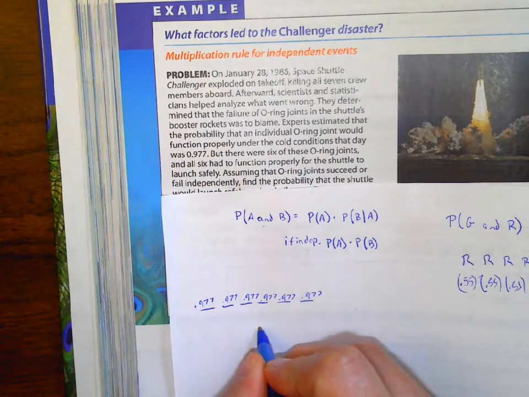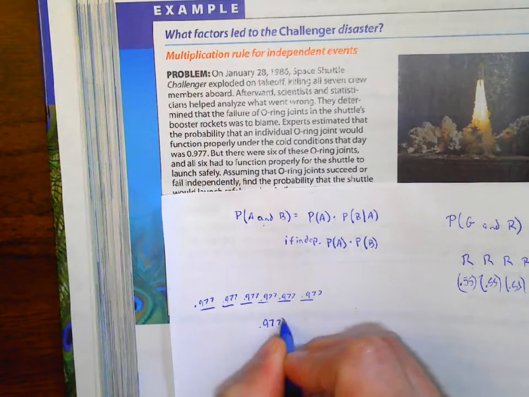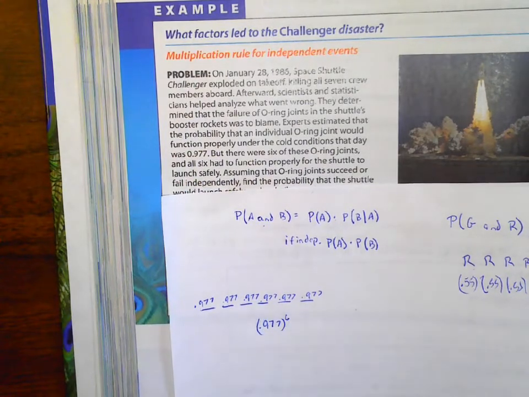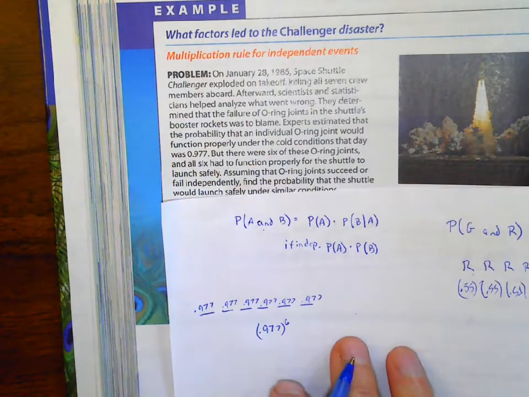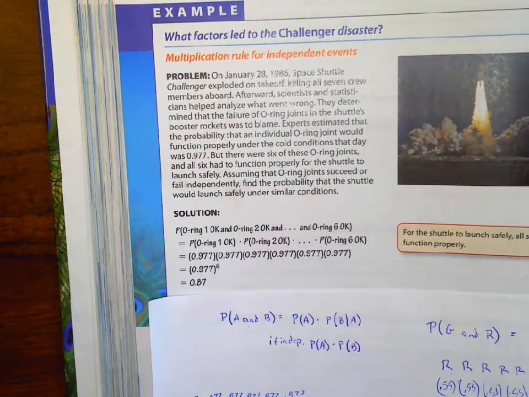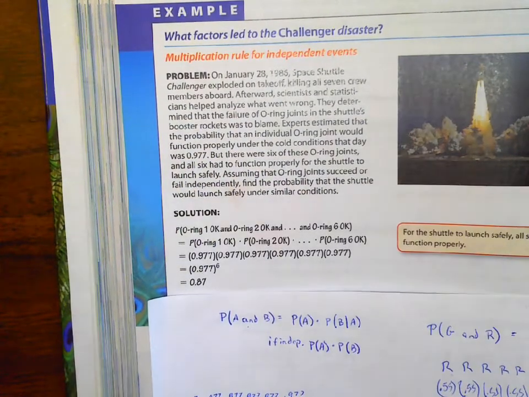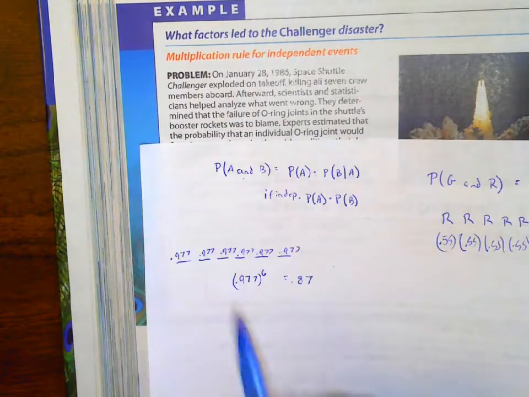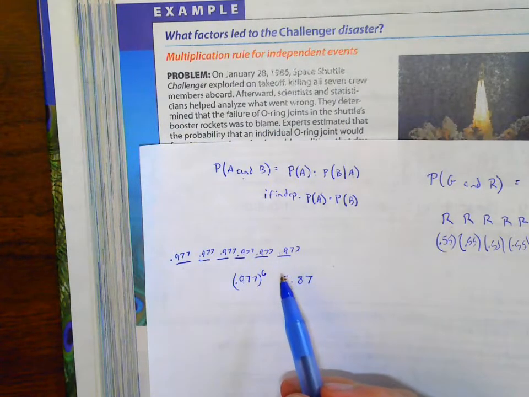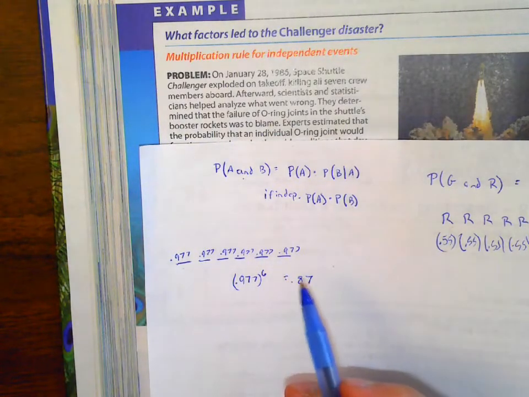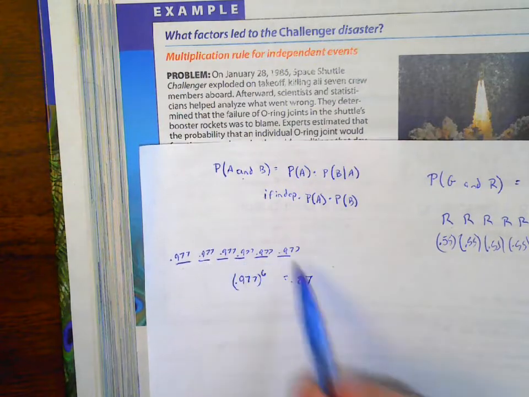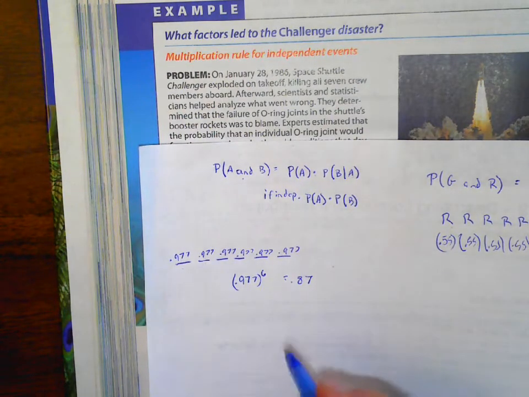Now, a quick way to do that is 0.977 raised to the 6th power, right? If you multiply all those together, you get about an 87% chance that all of the rings will be successful.